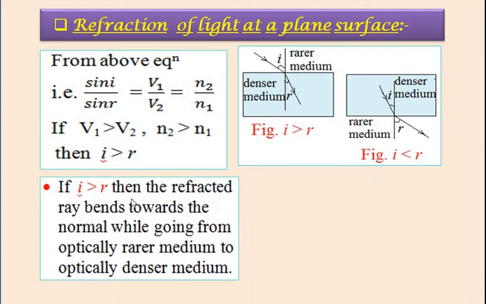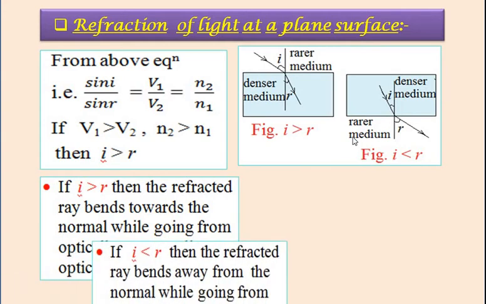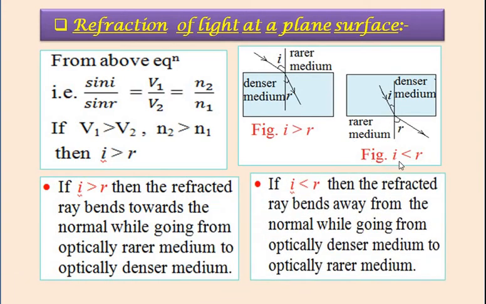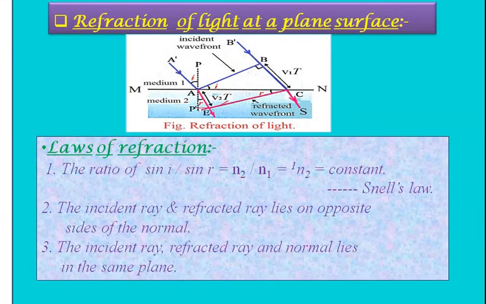That is, I have written this: if angle I is greater than R, then the refracted ray bends toward the normal while going from optically rarer medium to optically denser medium. And for the second diagram, if the angle of incidence is less than the angle of refraction, then the refracted ray bends away from the normal while going from optically denser medium to optically rarer medium.